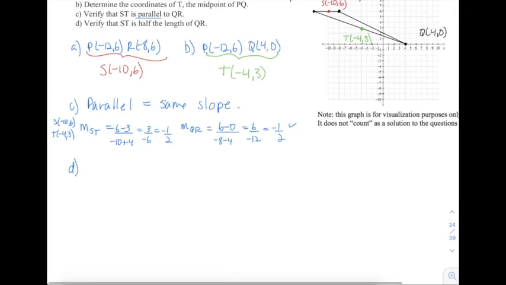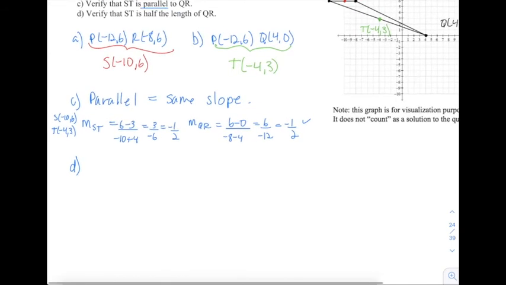Okay. So verify that ST is half the length of QR. What I need to do is compute the length of this line segment. I'm going to show you a common mistake that happens with these kinds of questions, so that you do not make it.